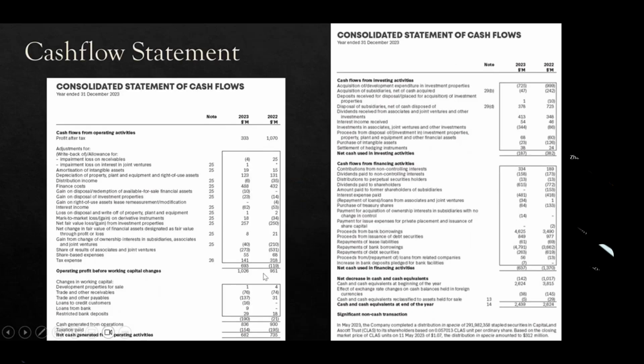Lastly would be the cash flow statement. So okay, this is a bit wordy, but also a very important thing to note within the financial statements, because if you all know, Warren Buffett always uses the idea of free cash flow to also evaluate these companies that he wants to buy, right?